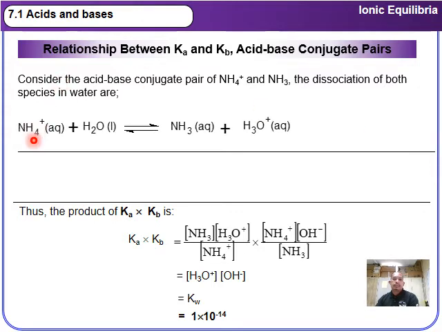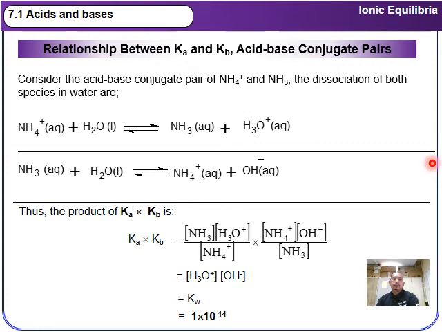For example, NH4 positive ion, when dissociated in water, forms NH3 aqueous and H3O positive aqueous, while NH3 aqueous reacts with H2O to form NH4 positive aqueous and OH minus aqueous.